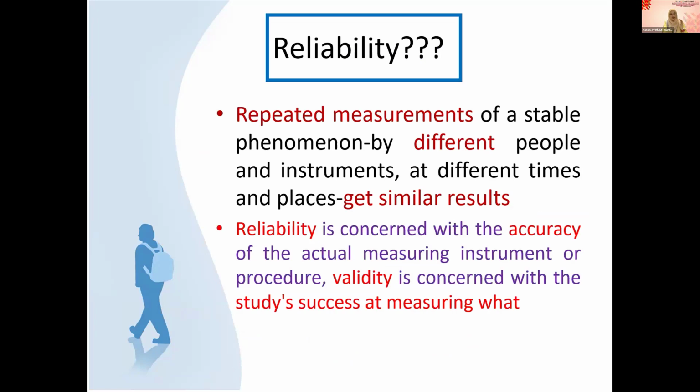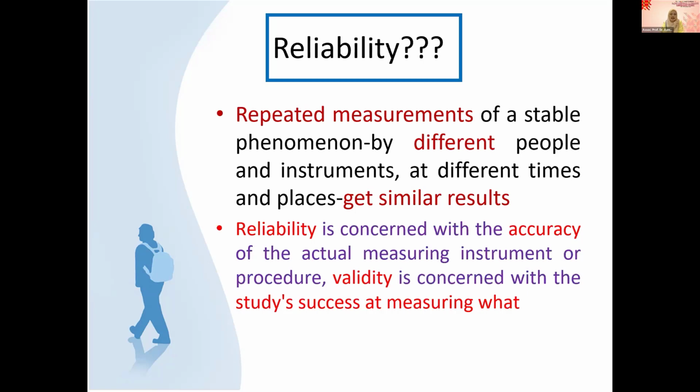After everything is valid, the content validity is okay, face validity okay, your construct validity, the EFA value and CFA value are okay, then you can do reliability. Most of the time it's Cronbach's alpha, and I'm sure you know about Cronbach's alpha, which refers to reliability. What does it mean?